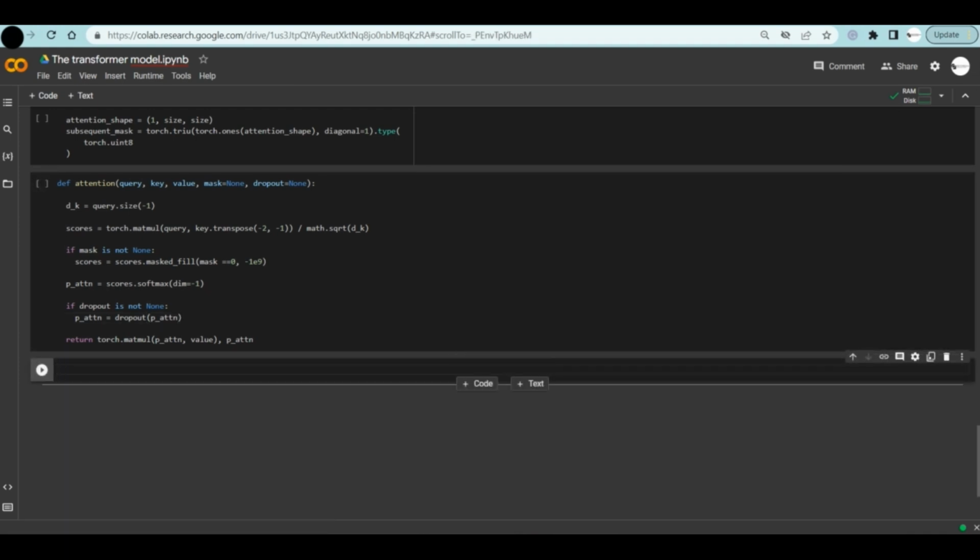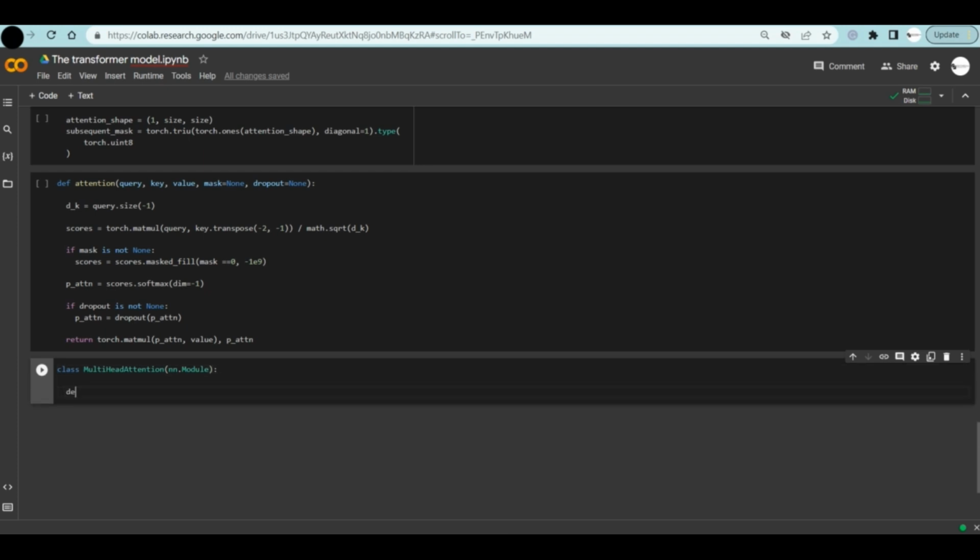So without wasting any time, let's code this up, and I'll be explaining each line and the intuition behind everything. So we have class MultiHeadAttention, which takes nn.Module. We initialize def __init__, we take in self, h and d_model, then we say dropout equals 0.1. So h is the head and d_model is the dimension of the model.